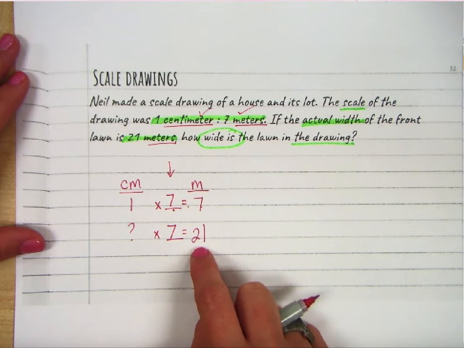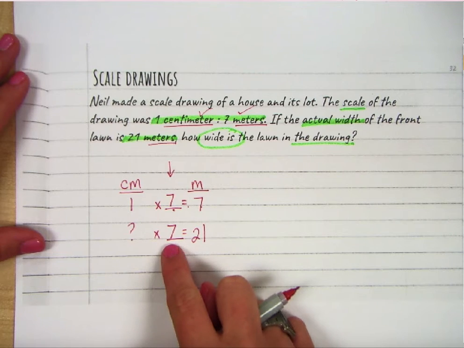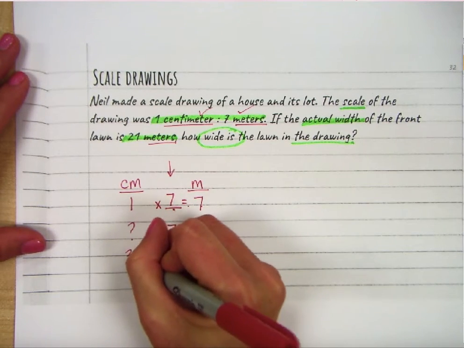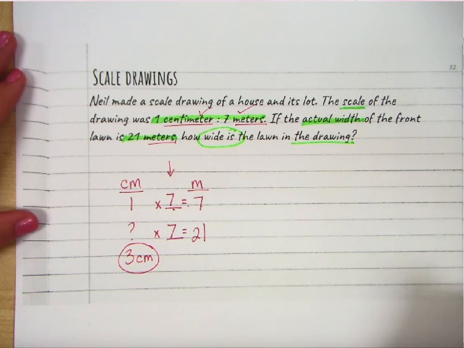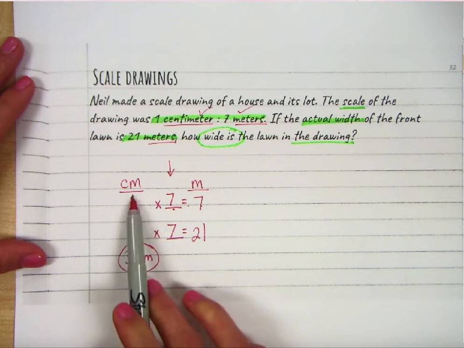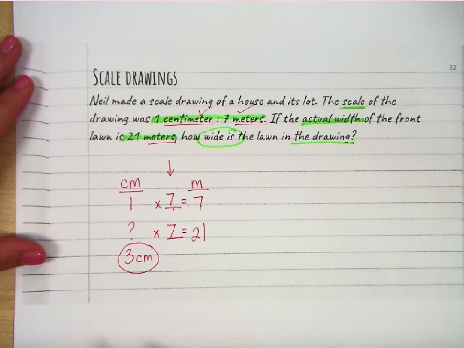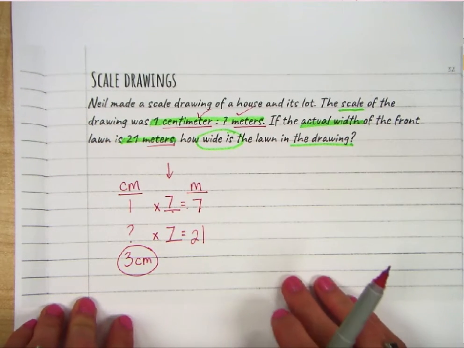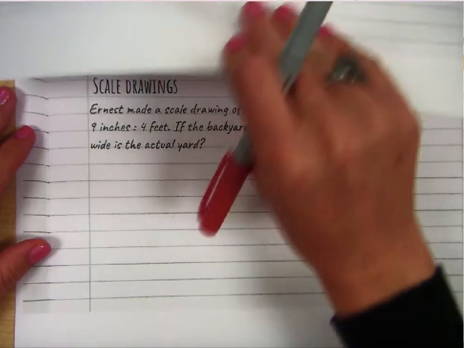Hopefully you know your factors of 21, or if you know multiples of 7, you know that 7 times 3 gives us 21. So our answer here is 3 centimeters. Remember, when you write your answers, you always want to put your number and then the units as well, because we are talking about 2 different units here. All right, so that's a pretty simple one. Now let's do one that has a little bit more involved.